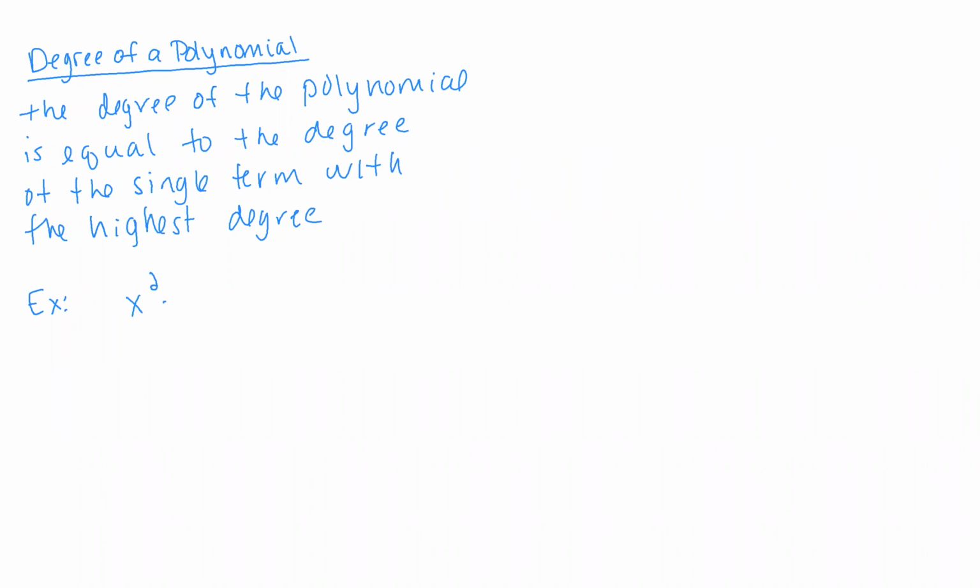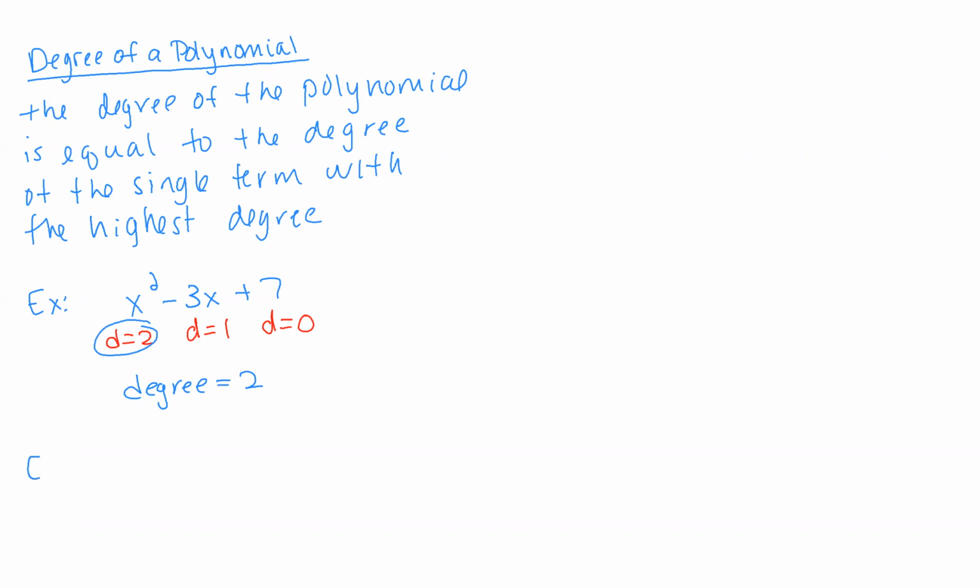If I have x squared minus 3x plus 7, well, this first term has a degree of 2. The second term has a degree of 1. And then the third term, remember, constants have a degree of 0. So basically, the degree of 2 is the largest degree for a single monomial. So the degree of this polynomial is going to be degree 2.